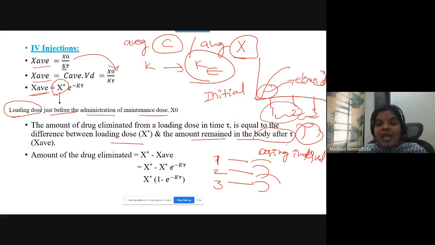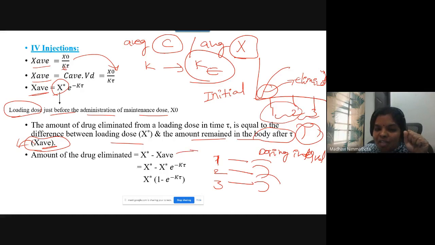The remaining amount in the body after a particular time interval is your X average, the average amount of the drug. So the amount of the drug eliminated from the loading dose is X star minus X average.